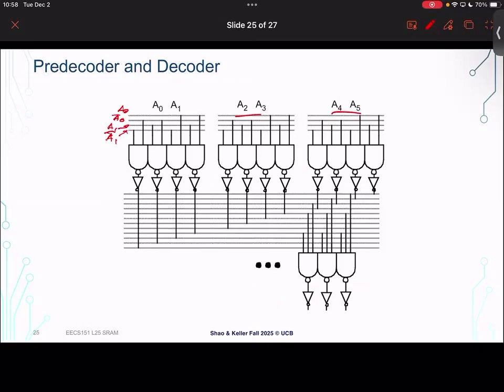The second nice thing about this is that our problem of big buffers has gone away, right, at the front, because each input is no longer driving 128 things. It's only driving 4 things. So we've eliminated the pain of those massive buffers as well.